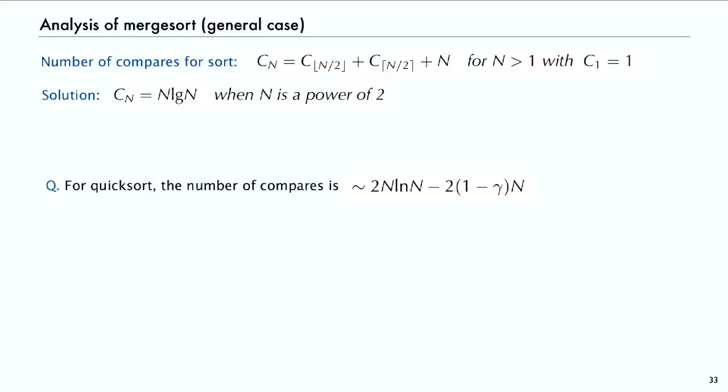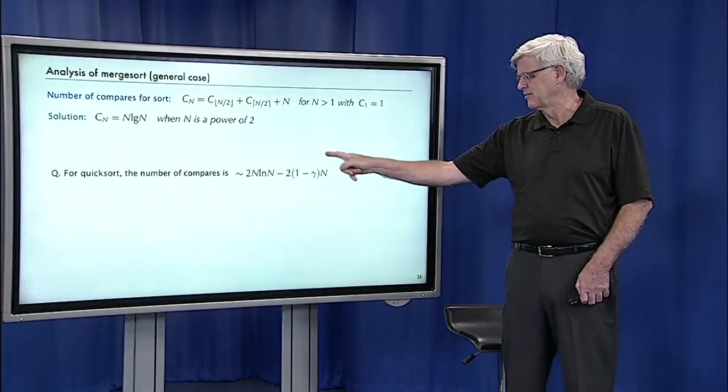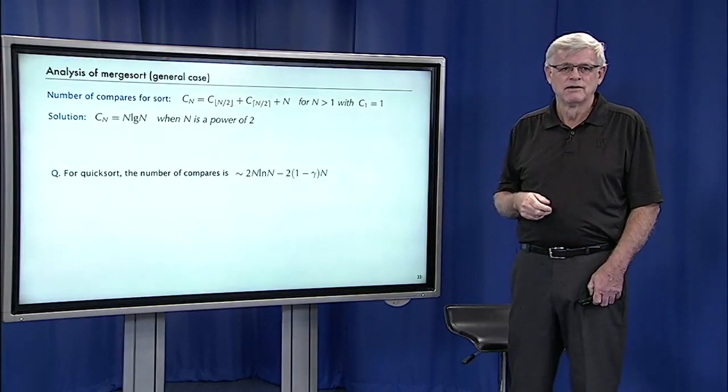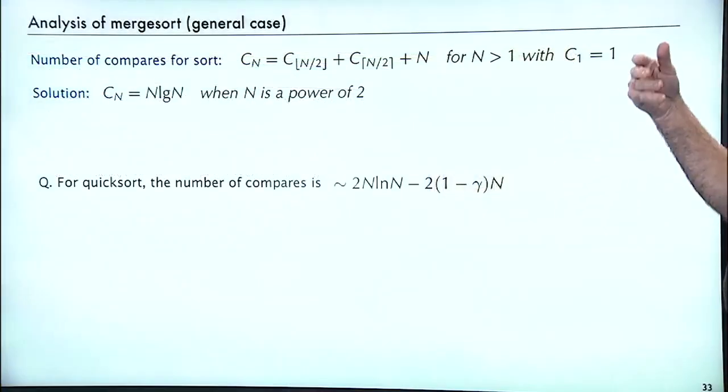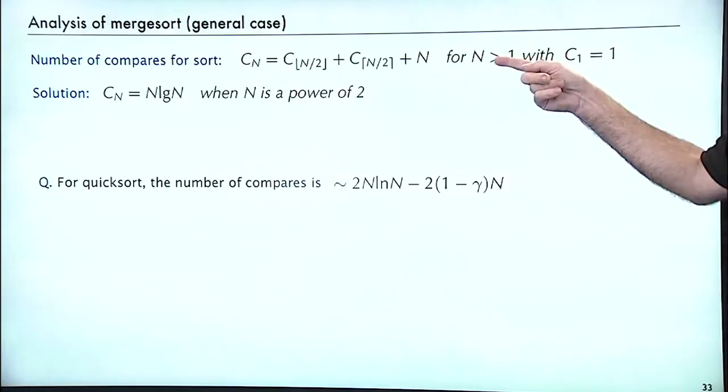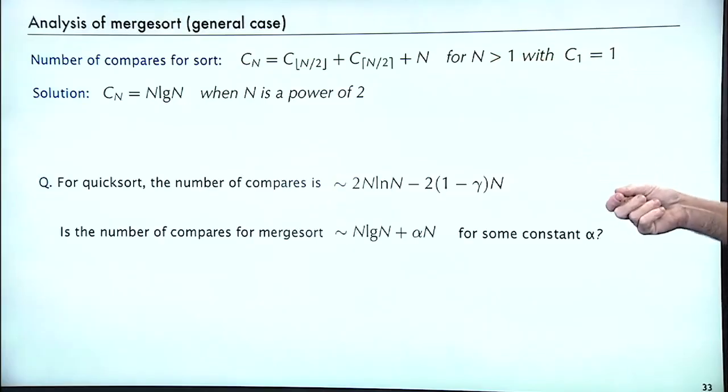There's a natural question that arises. For quicksort, we did the number of compares and got a very precise analysis that we could check against the performance of the algorithm. It was asymptotically equal to 2N natural log N minus this constant times N. So one natural question is, we want to get a more accurate estimate than N log N for merge sort.